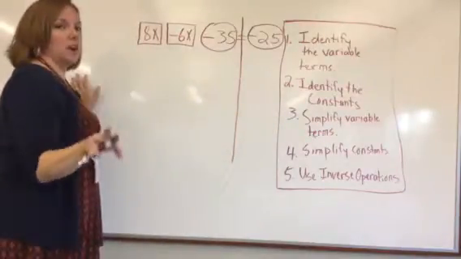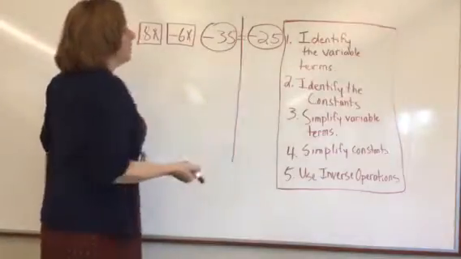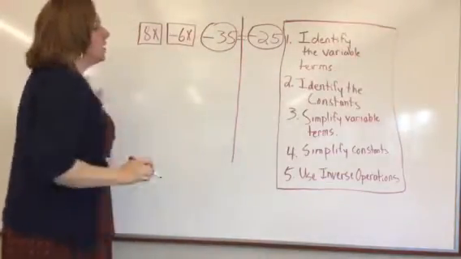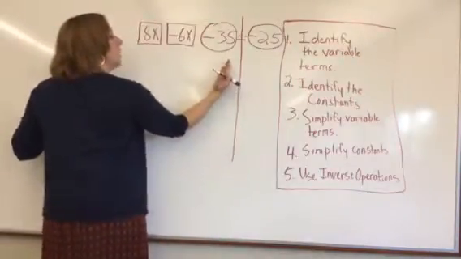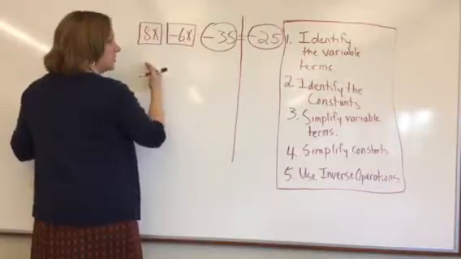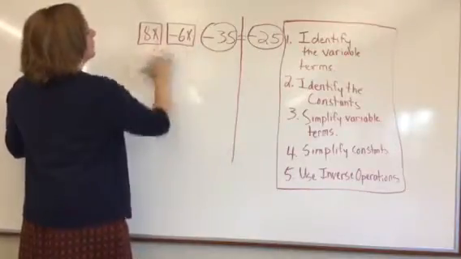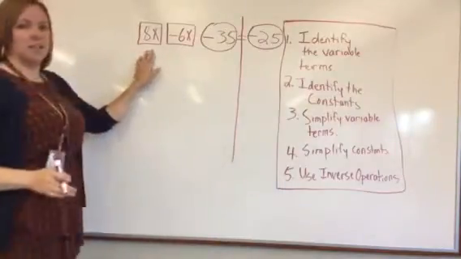And that's what I talked about a minute ago. We identified the variable terms, we identified the constants by giving them different shapes, and now we're going to simplify the variable terms. Because I'm working with only the left side at first, I have two like terms: an 8x and a negative 6x.